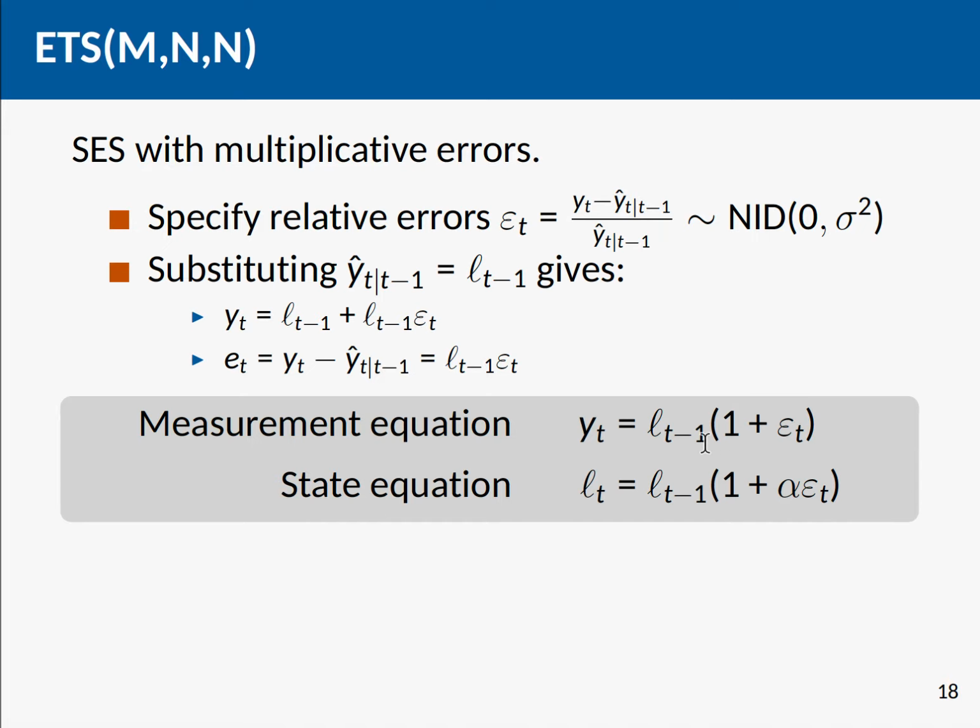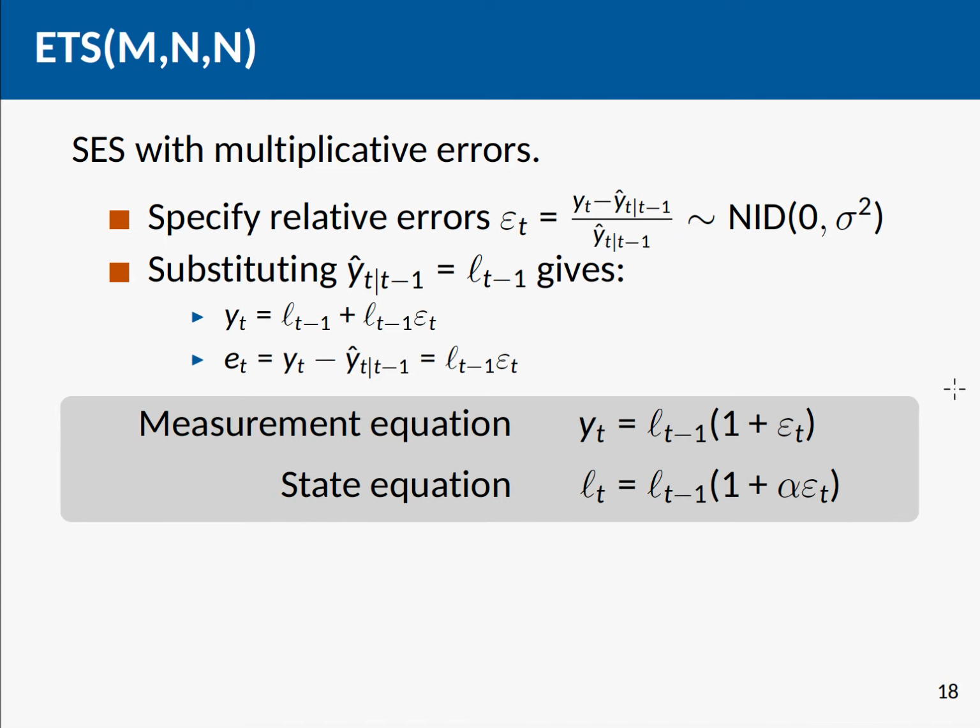You have a multiplicative format where yt equals lt minus 1, the level itself, plus lt minus 1 times epsilon t. So your error term is multiplied with the level at t minus 1. And finally, your state equation is going to have, again, a multiplicative error term.